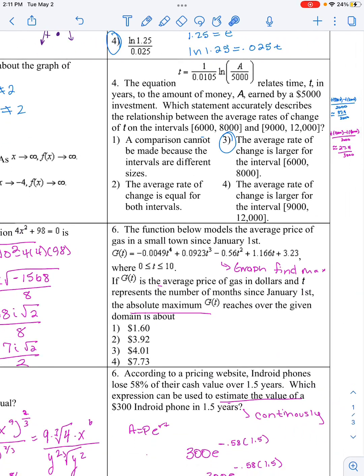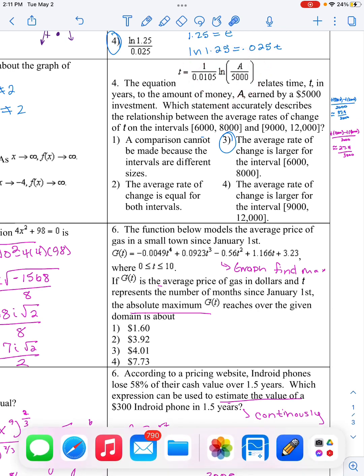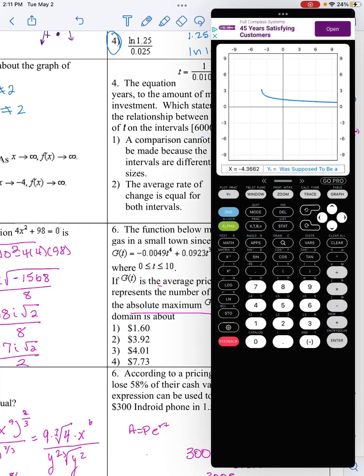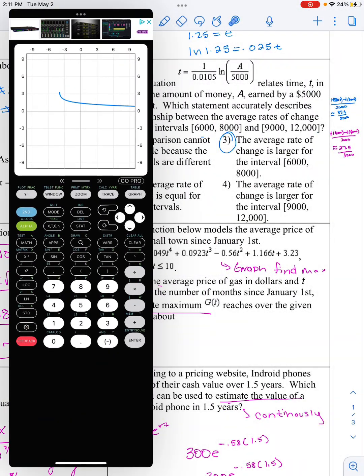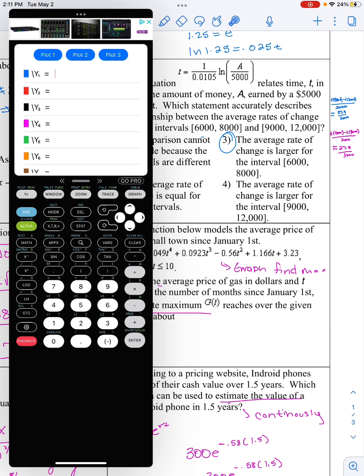All right, so taking a look at this one here, it wants to know the rate of change from 6,000 to 8,000, 9,000 to 12,000. So you basically just put this into the calculator and you look for the table. Okay, so we're going to put this in our calculator.